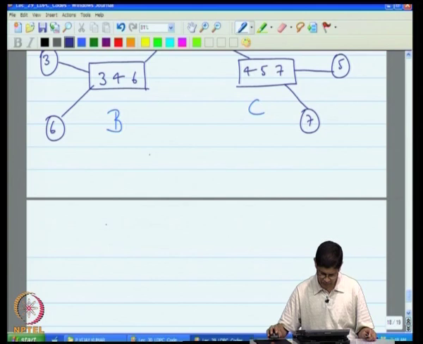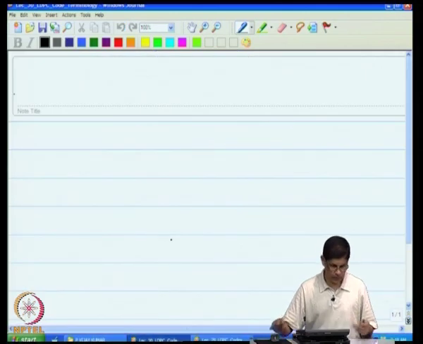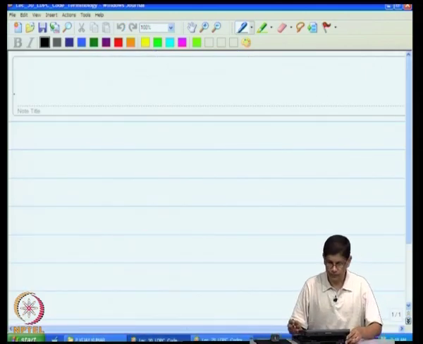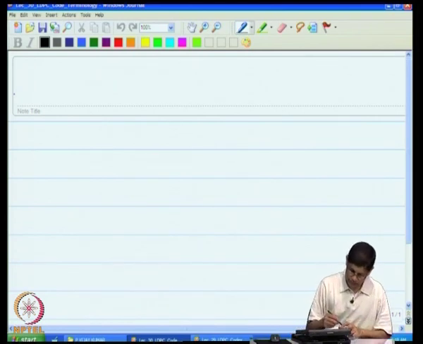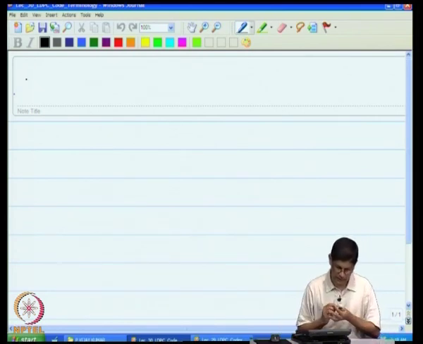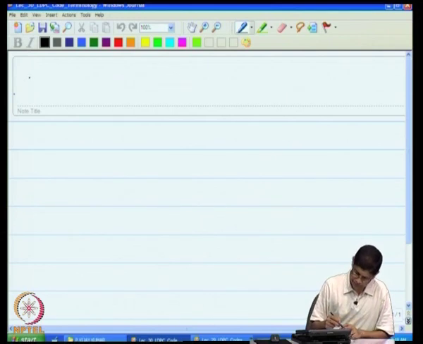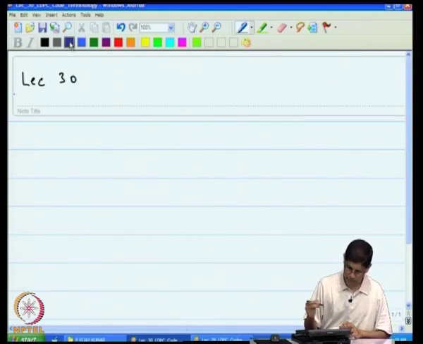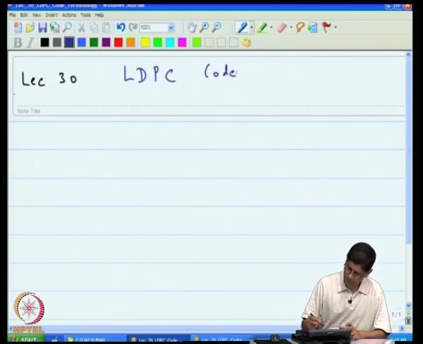So that brings us to today's lecture, lecture 30. I am going to call this very simply LDPC code terminology.